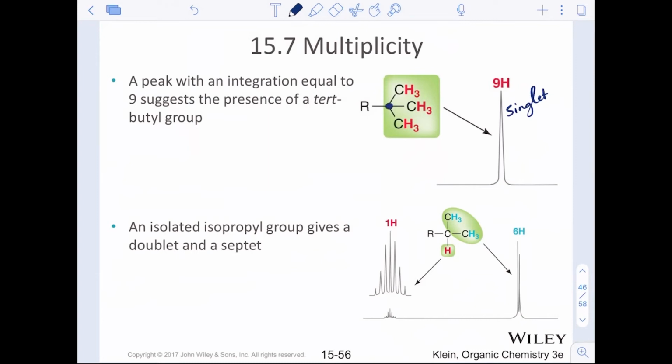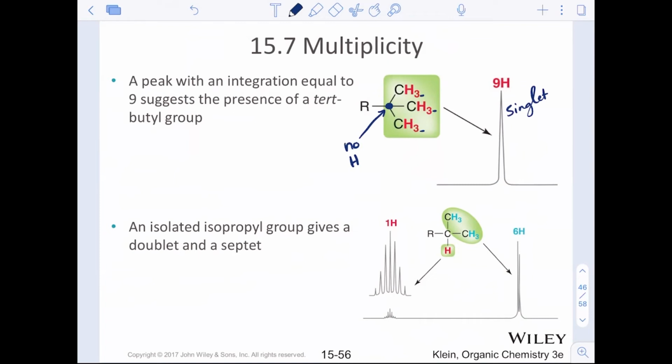Remember, right here, there is no hydrogen. So no neighbor there, meaning n+1, 0 + 1 is 1. That's the only time we get a singlet, when there's an adjacent carbon that has no neighbor. 3 CH3 groups add up to 9 protons, and those are chemically equivalent, all right?